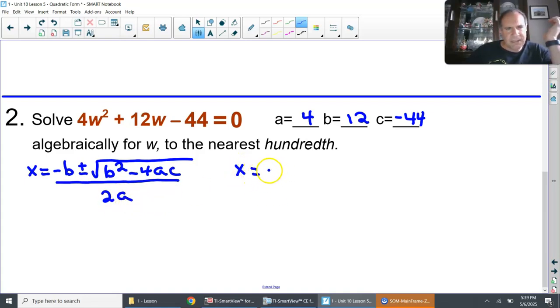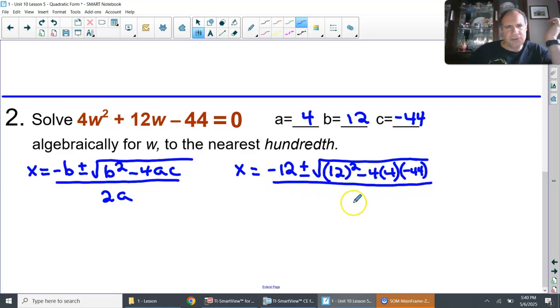X equals negative b, which is negative 12, plus or minus 12 squared minus 4 times a, which is 4, times c, which is negative 44. That's all over 2 times a, which is 2 times 4. And we're going to get ready to go and get our roots.